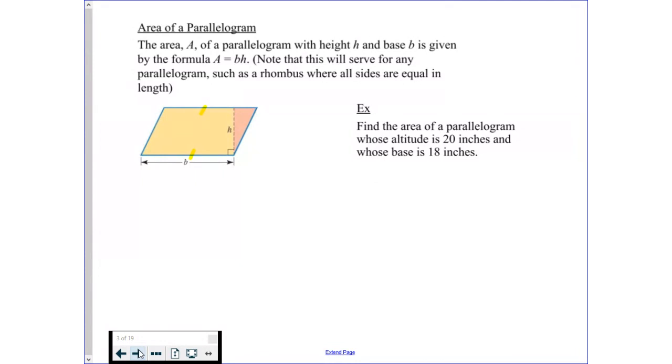So if you move this triangle, let me redraw that.